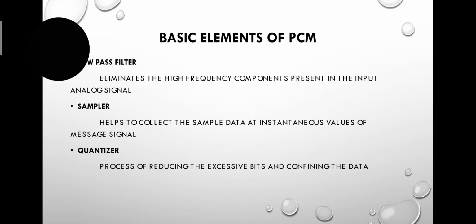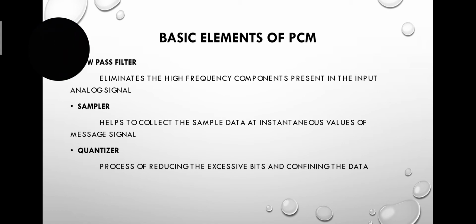The basic operations in the receiver section are regeneration of impaired signals, decoding, and reconstruction of the quantized pulse train. Following is the block diagram of PCM, which represents the basic elements of both the transmitter and receiver sections.